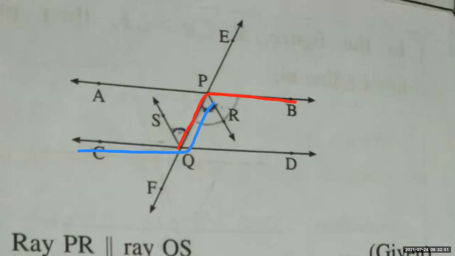Those two lines, line AB is parallel to line CD, because those two are alternate angles. So by the alternate angle test, we can say these two lines are parallel to each other. Okay, so here we complete our practice set 2.2. All the 6 examples we learned how to solve.